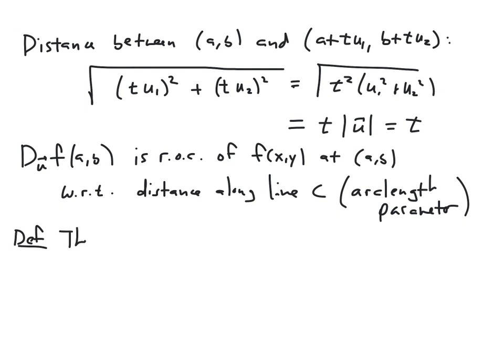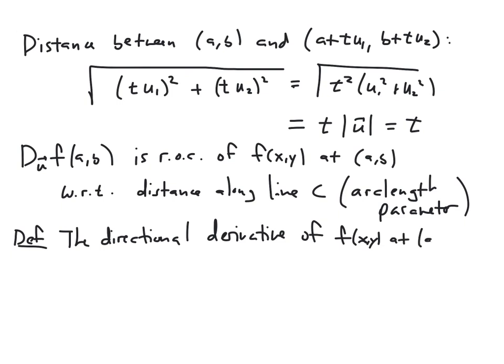We're going to call this, like I've said a couple times, the directional derivative of the function at the point in question, so of f of x at the point (a, b) in the direction of the unit vector u.